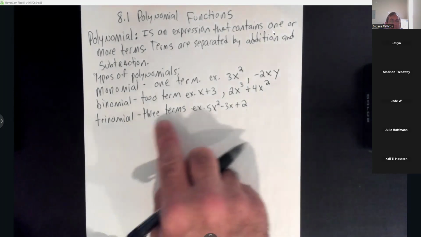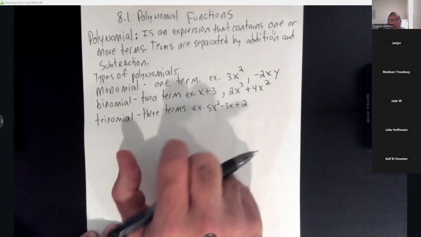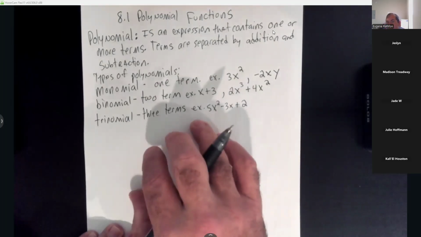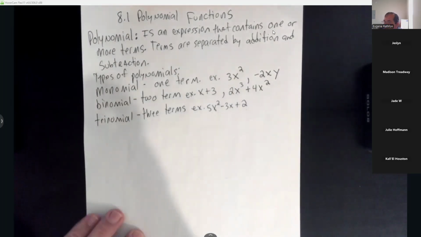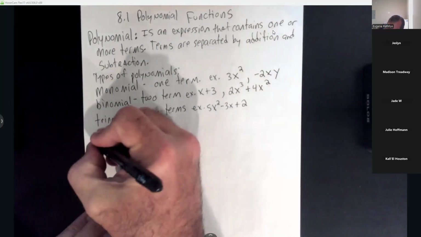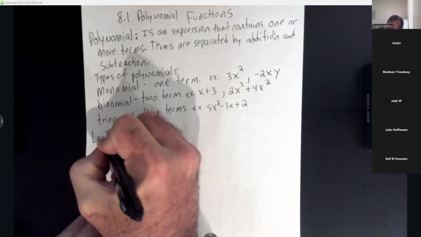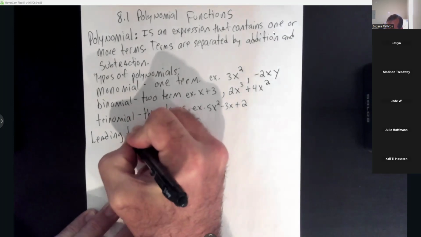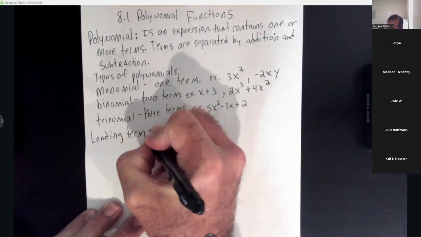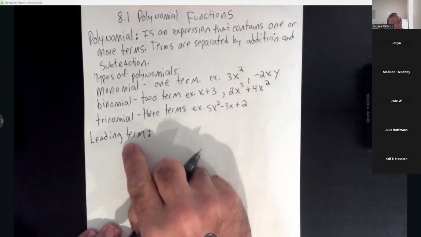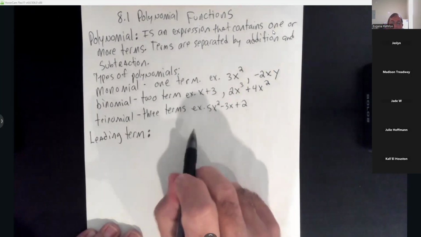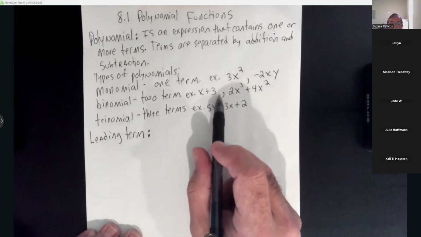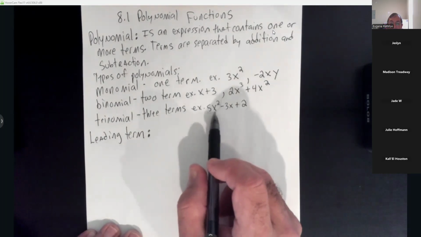Okay, so that's enough on the types. Now, what this section gets into are these next few terms I'm going to show you. The leading term. So the leading term of a polynomial is the term that contains the highest exponent.